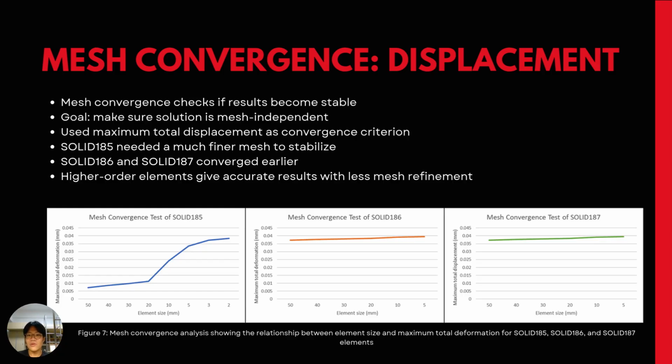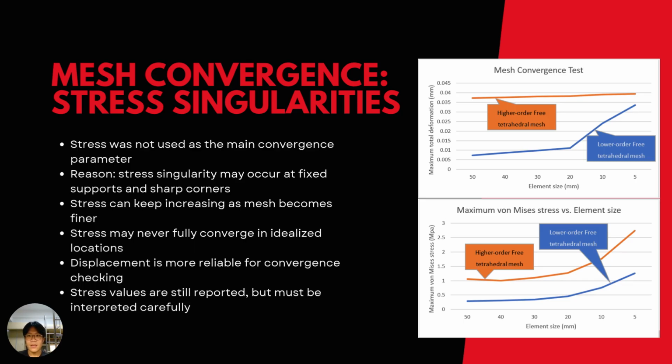In contrast, Solid186 and Solid187 converged much earlier, showing that higher-order elements can provide accurate results with less mesh refinement. I did not use maximum stress as the main convergence measure because of stress singularities.